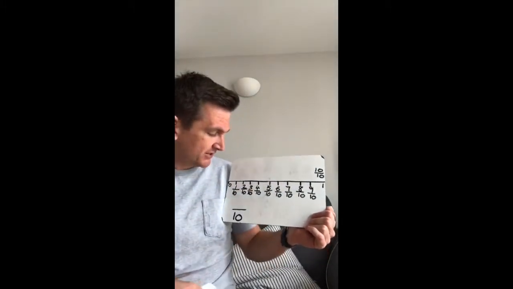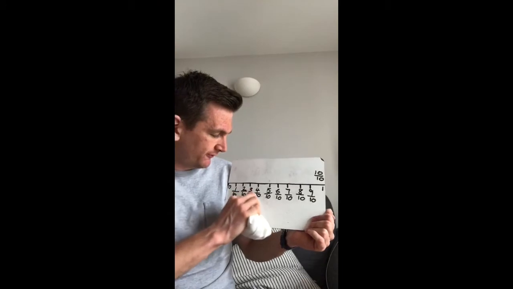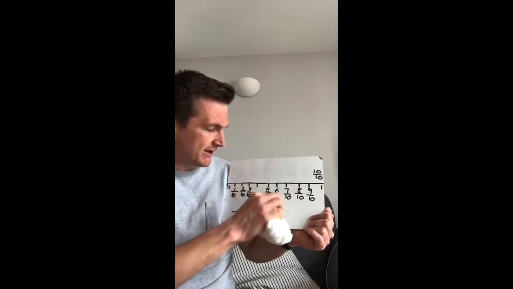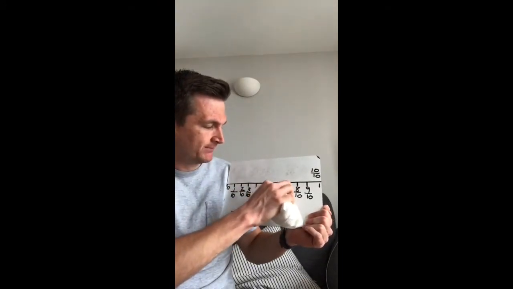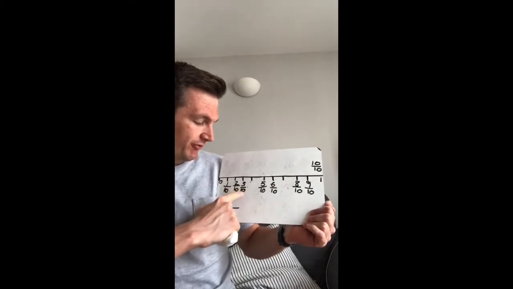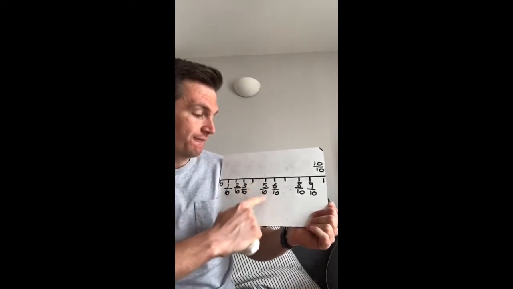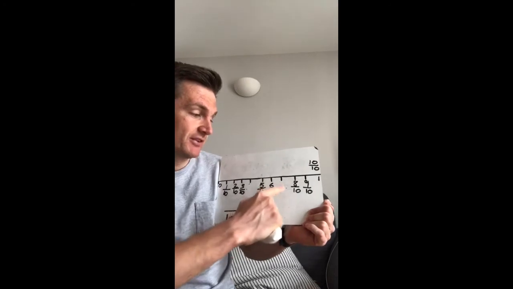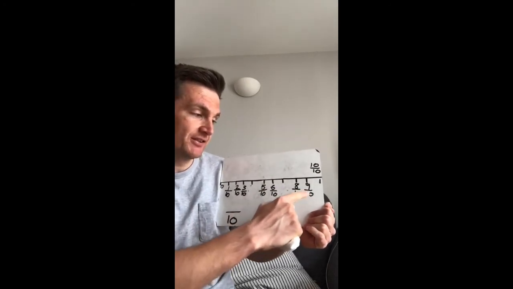So I'm going to rub off this one here and maybe this one here. Fantastic. Right, are we ready? Let's go. 1/10, 2/10, 3/10, 5/10, 6/10, 8/10, 9/10, 1 whole. Okay, how did we manage to get on at home?